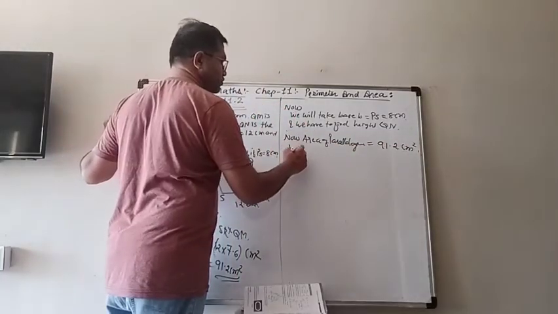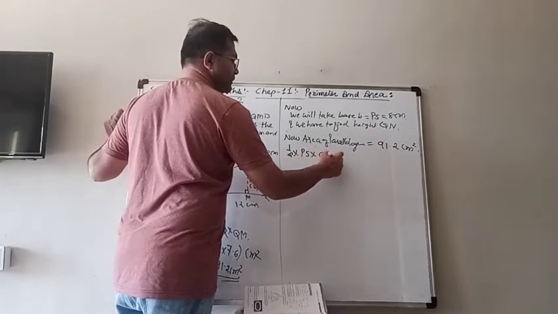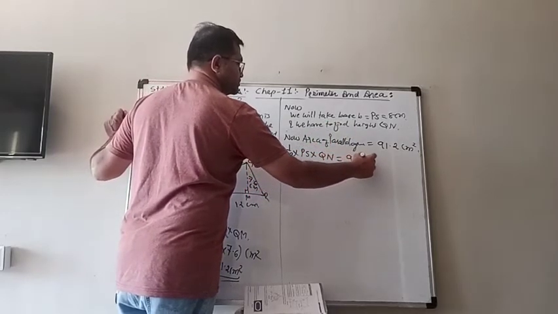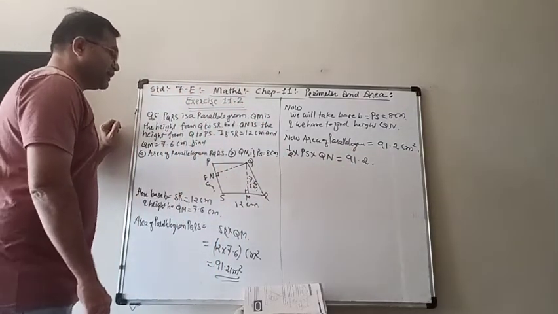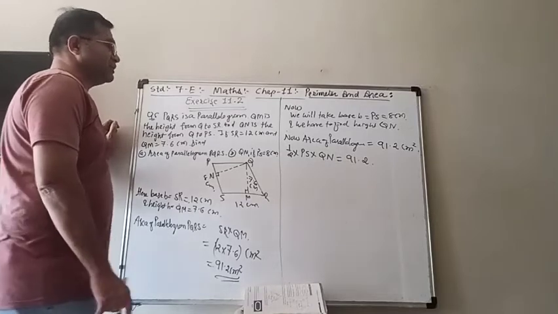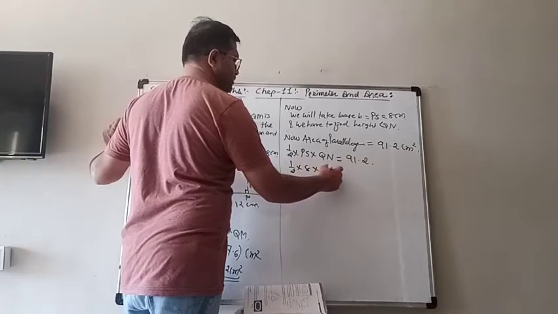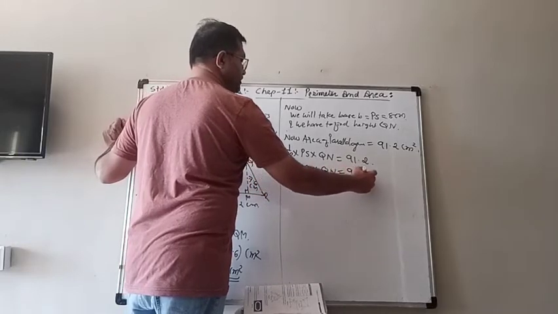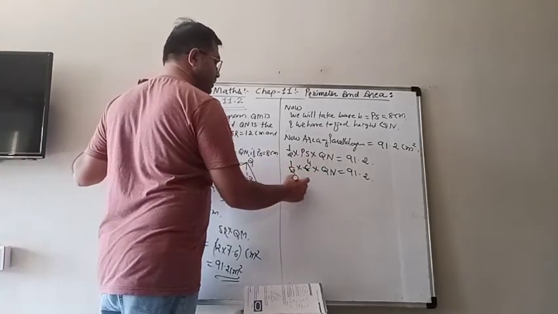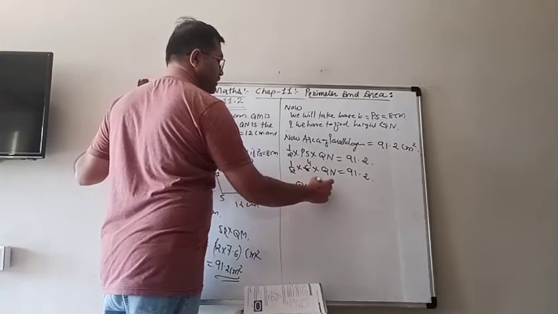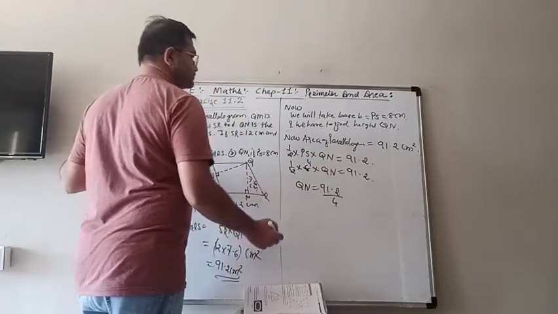So half into, what is the base here, PS, multiplied by QN is equal to 91.2. We have the value of PS, we will substitute. So half into 8 into QN, 91.2. So QN is equal to 91.2 divided by 4.